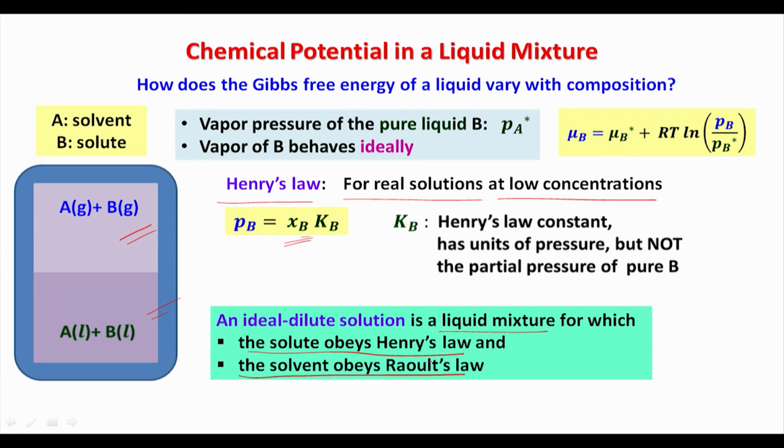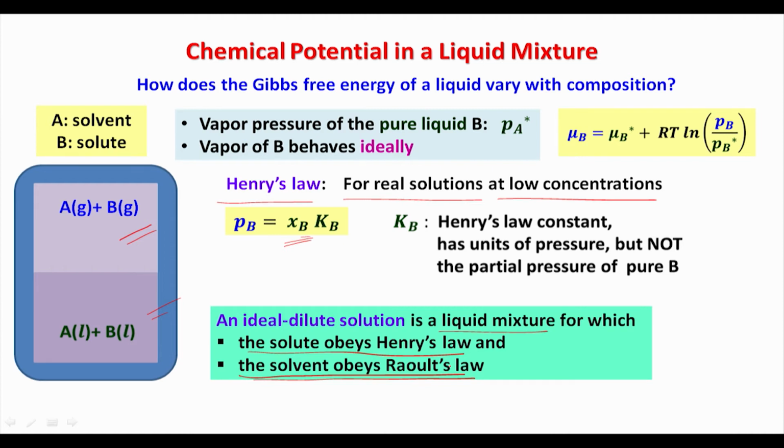In an ideal solution, we have a liquid mixture for which both the solute and the solvent obey Raoult's law. But if I have an ideal dilute solution, I have a liquid mixture for which the solvent still obeys Raoult's law, but the solute now obeys Henry's law.